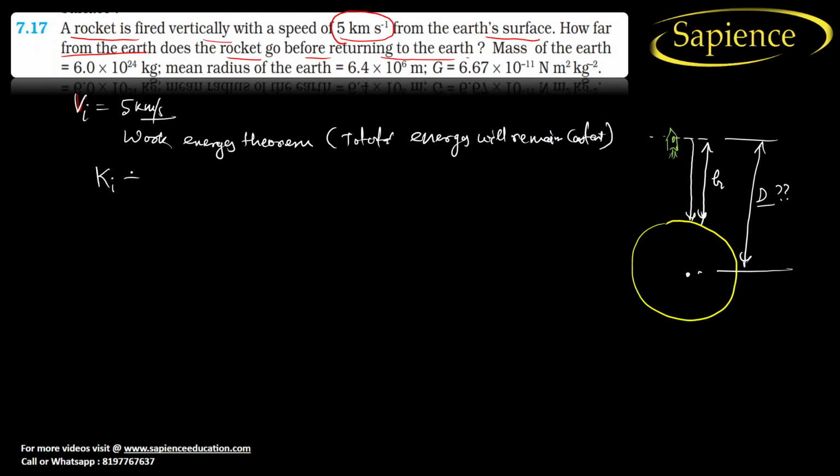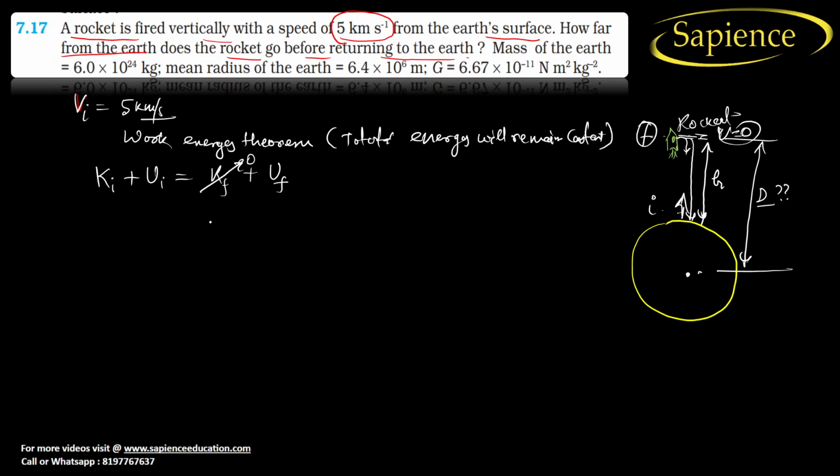Initial kinetic energy plus initial potential energy will be equal to final kinetic energy plus final potential energy. When the rocket reaches this point, it will try to return, because at this point the velocity of the rocket becomes zero. So the final kinetic energy will become zero.